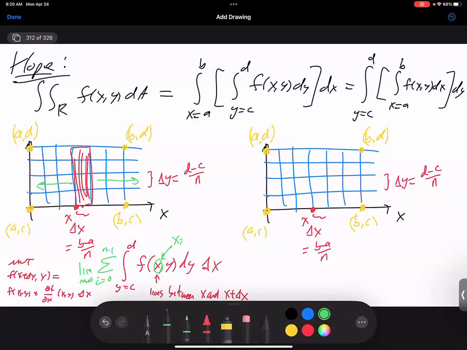If I were to do it the other way, if I were to first fix a value of y, now I would have my box like this.